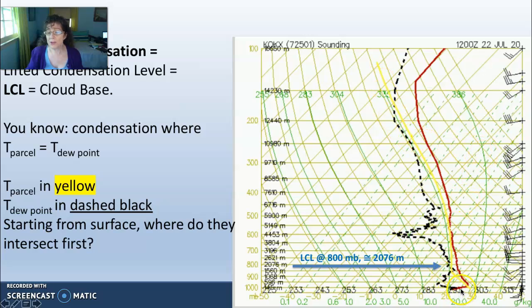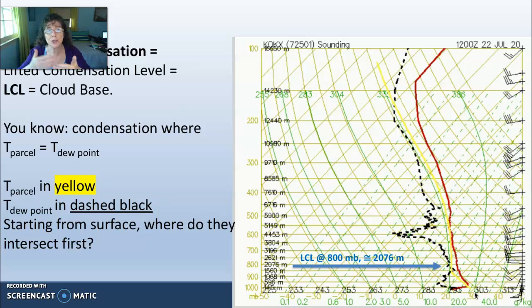The balloon goes off at the surface and it starts taking measurements. It starts taking temperature measurements right away. At the same time, it takes a parcel measurement right at the surface. And that's the last thing the balloon records for the parcel, the imaginary parcel.